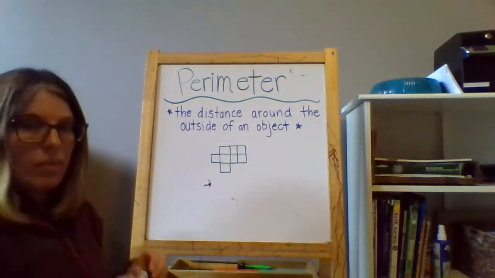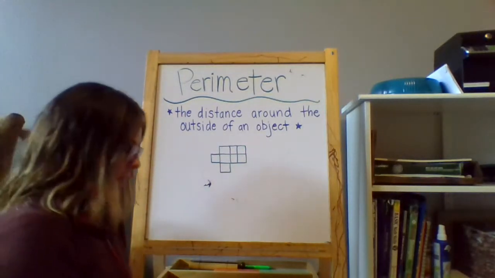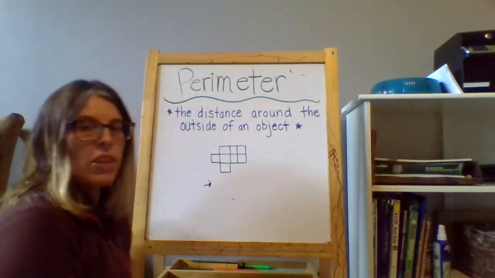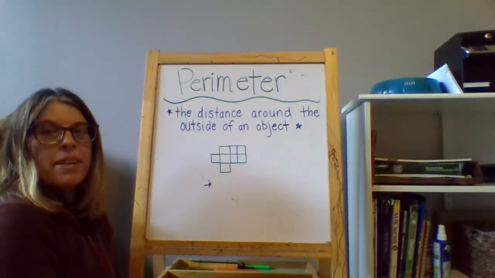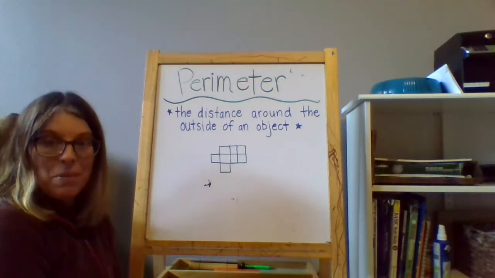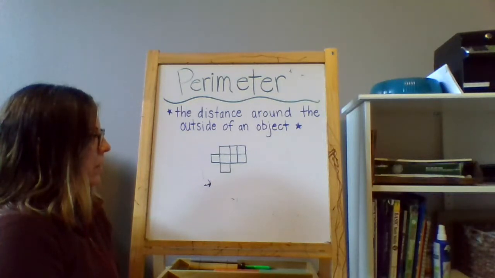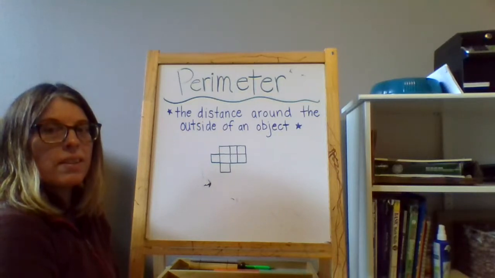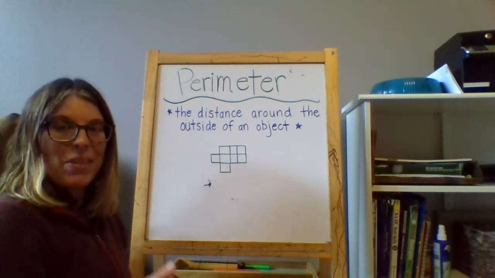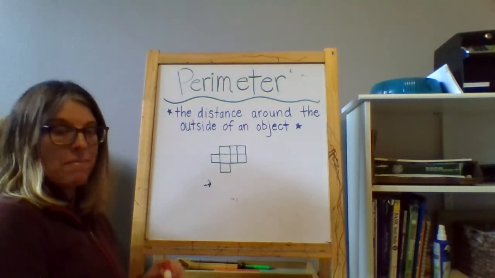Okay. So let's see if we can find the perimeter of this shape. I'm going to give you a moment to go ahead and give it a try, and then we'll do it together. Okay. Are you ready to give it a try together? Let's see.